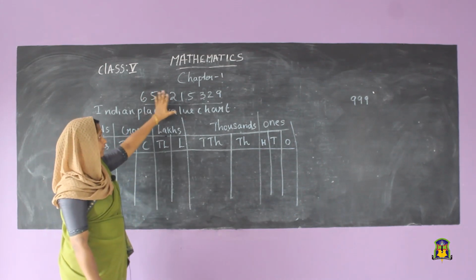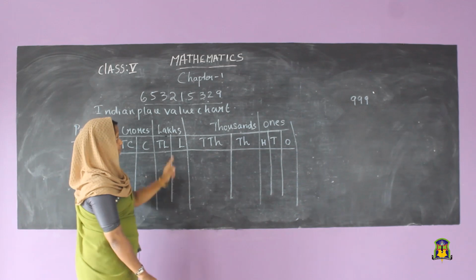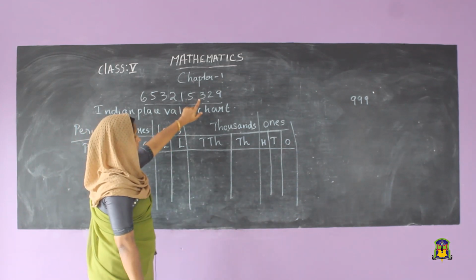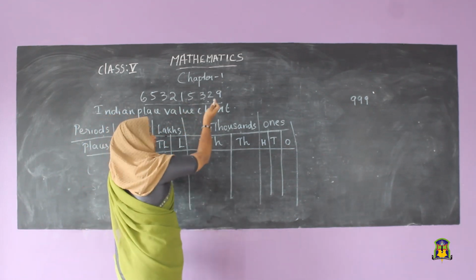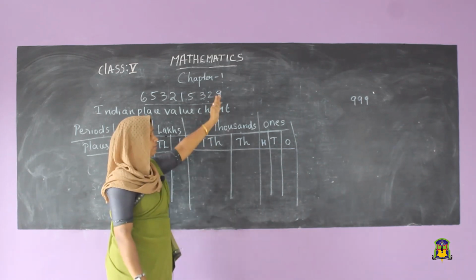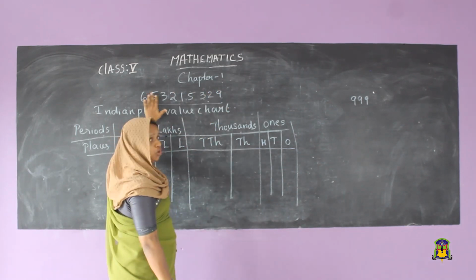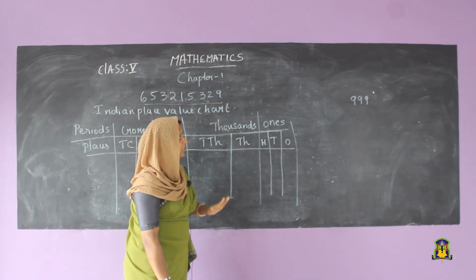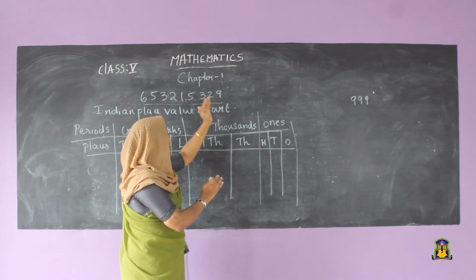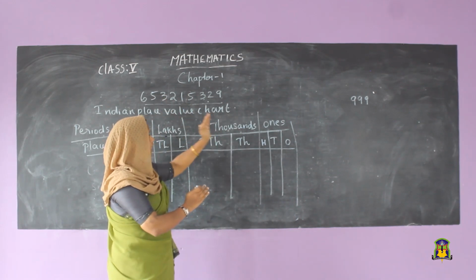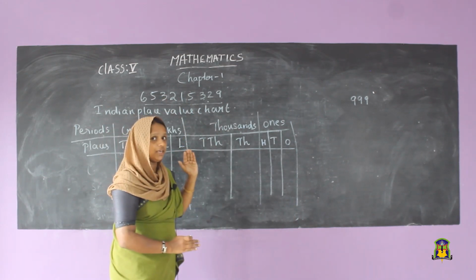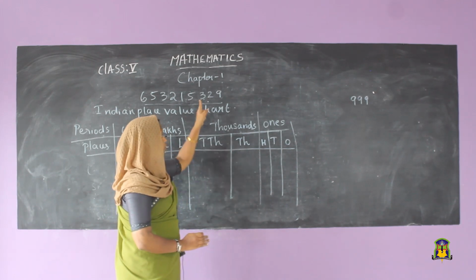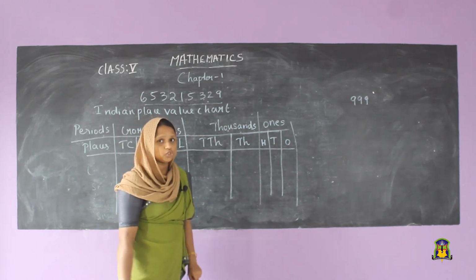Now I have given this number. You see this here. We want to start from the right side and move on to the left side. In one period we can separate the periods with commas. So first step, we write these numbers in the place value chart.